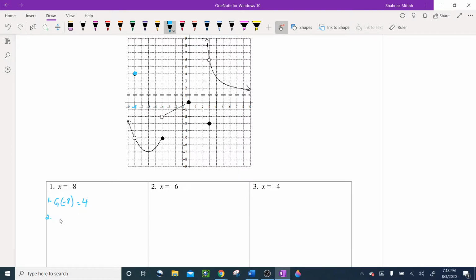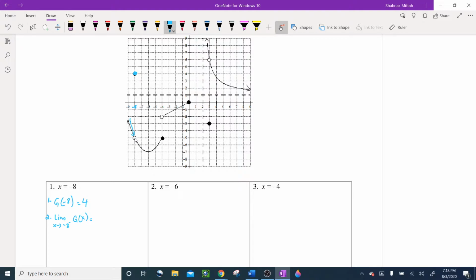Second condition, limit from left and right. So let's do limit as x approaches negative 8 from the left of g of x. It doesn't matter whether you do left first or right first, okay? So this is negative 8 from the left, and left means I have to look for the graph on the left. I'm approaching negative 8.